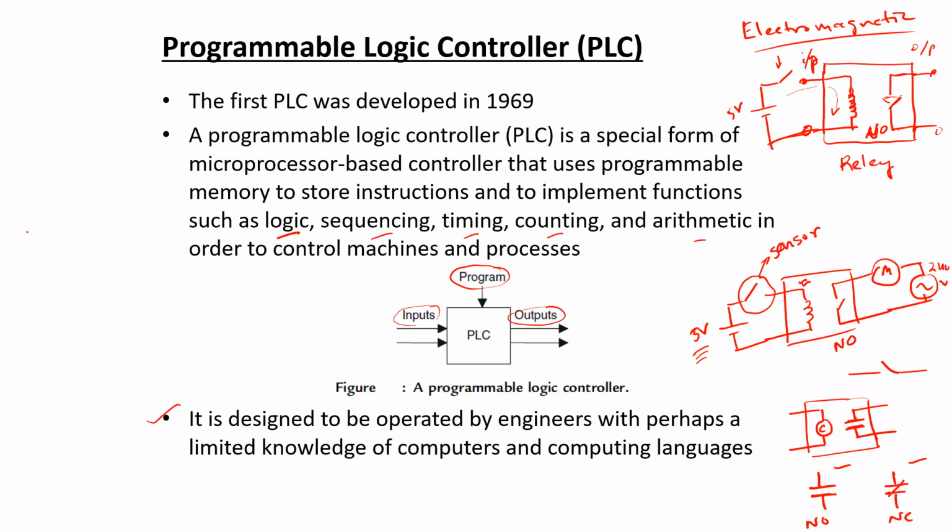So if I say that I have two different relay contacts like this, suppose contact A and contact B, two different normally open contacts of two different relays.